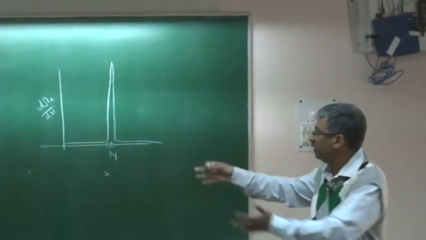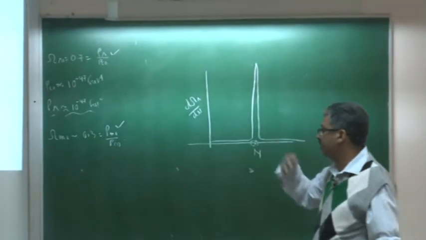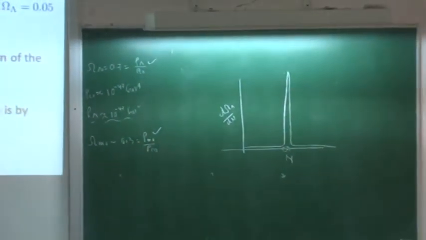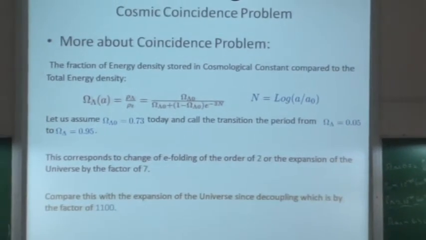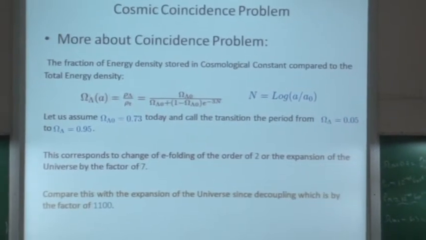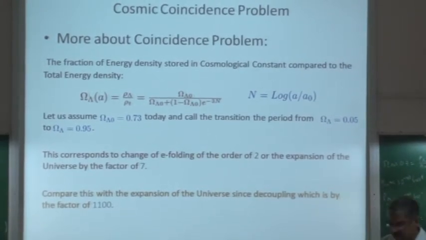Because, as we know from the CMB, the universe has expanded by an expansion factor of the order of 1000. So this is called the cosmic coincidence problem. These are the two problems that we have in the standard cosmological model.